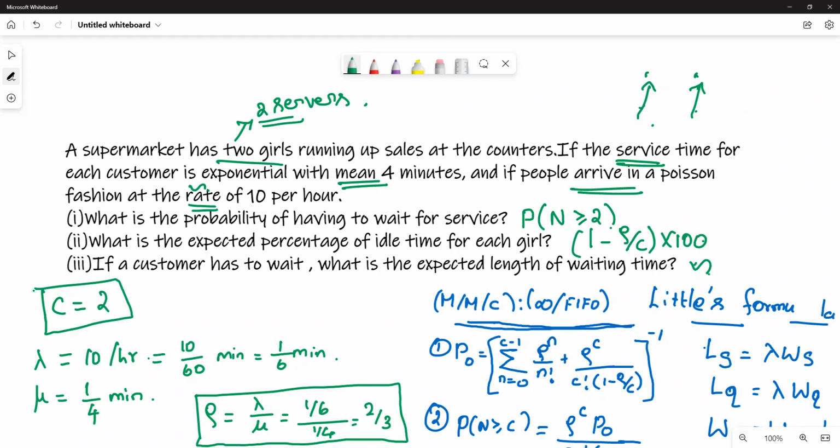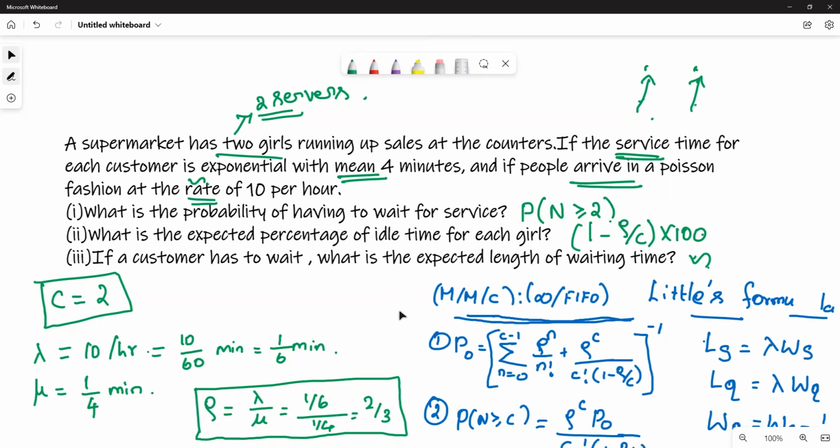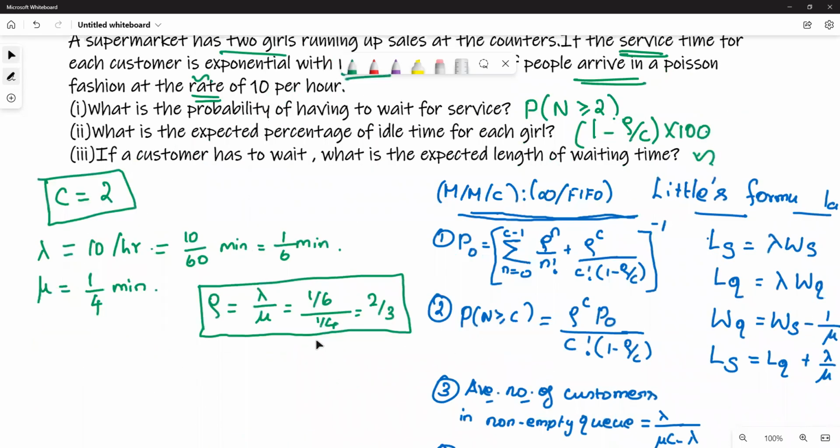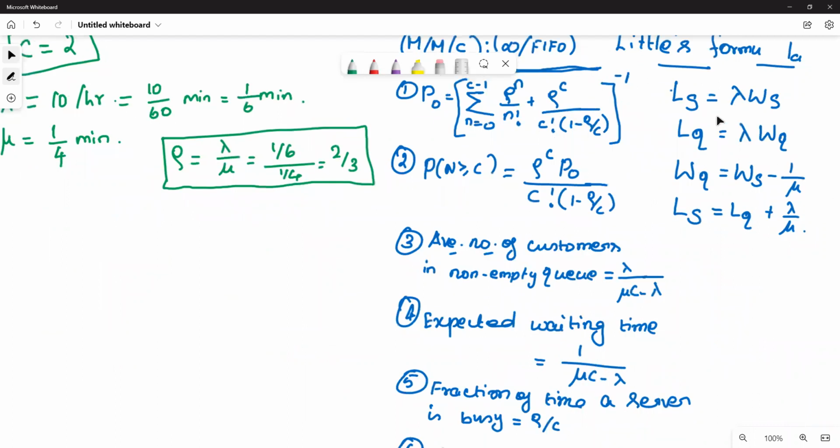Okay, coming to the formulas to be memorized in this model. The model is M/M/C/infinity/FIFO, the multiple server infinite capacity model. As usual, Little's formulas: LS is equal to lambda WS, LQ is lambda WQ, WQ is WS minus 1 by mu, LS is LQ plus lambda by mu.